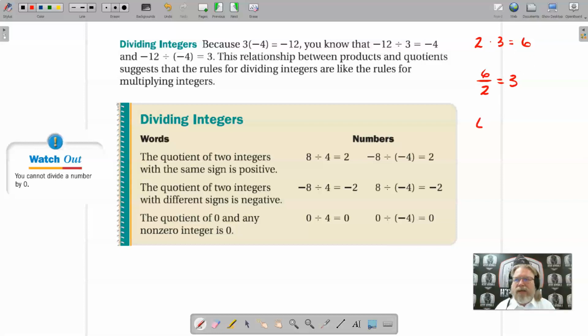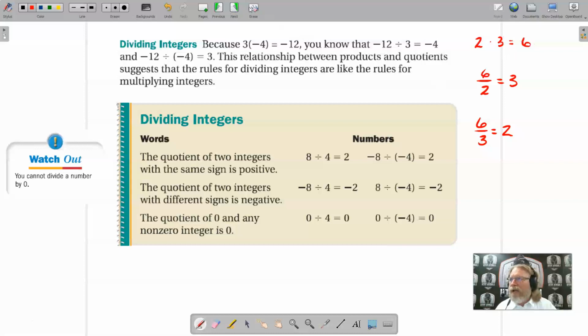Or if I took that 6 and divided it by the factor 3 that we have here, then our answer would be the other factor that was multiplied times that 3 to get that product of 6 in the first place. So that answer would be 2. So we know that if we take the answer of a multiplication problem, which is the product, and divide it by either of the factors, the answer is going to be the other factor.